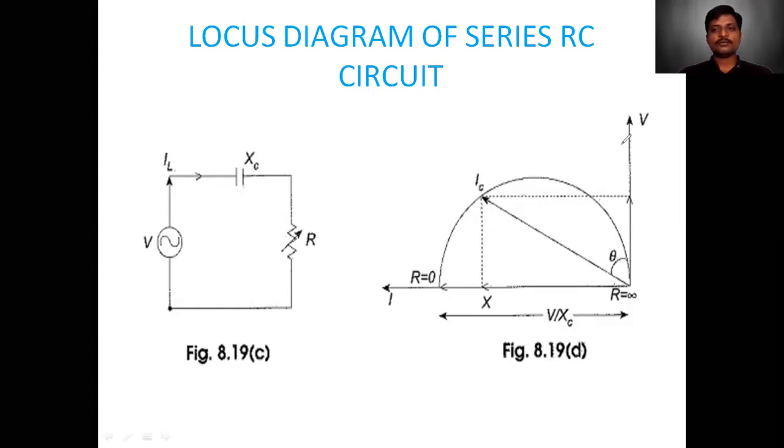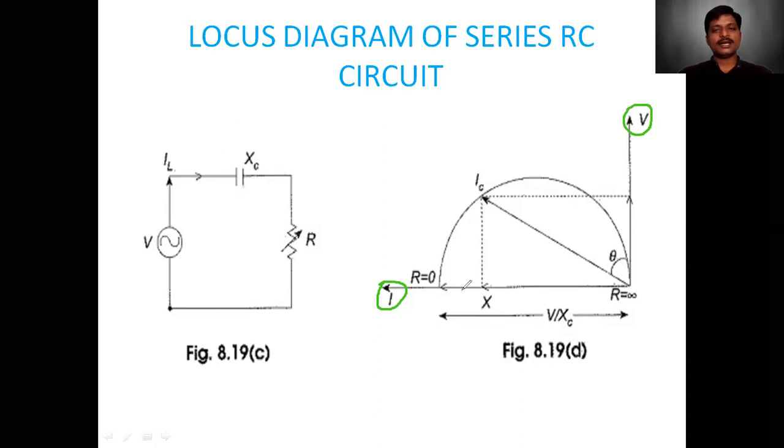When you take voltage on the y-axis and current on the x-axis, as you know already, whenever you use a capacitor in a circuit, current leads voltage by 90 degrees when the capacitor is a pure capacitor. Pure capacitor means there is no resistance element in that capacitor.